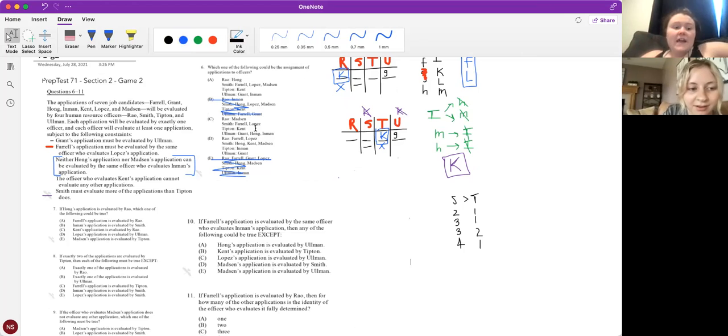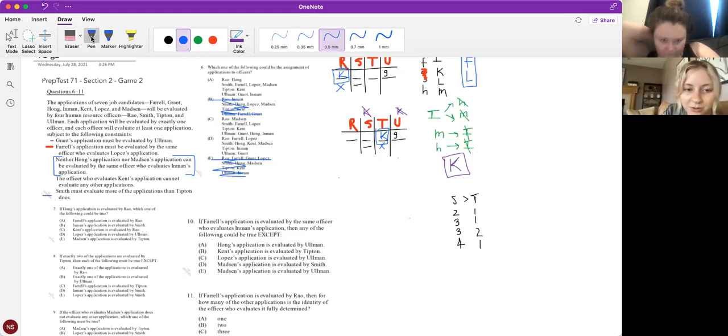Well, H and M could be together potentially, but I can't be with H and I can't be with M. So you would cross out C. And then the officer who evaluates Ken's application cannot evaluate anyone else, so you would cross out D and that would give you A.